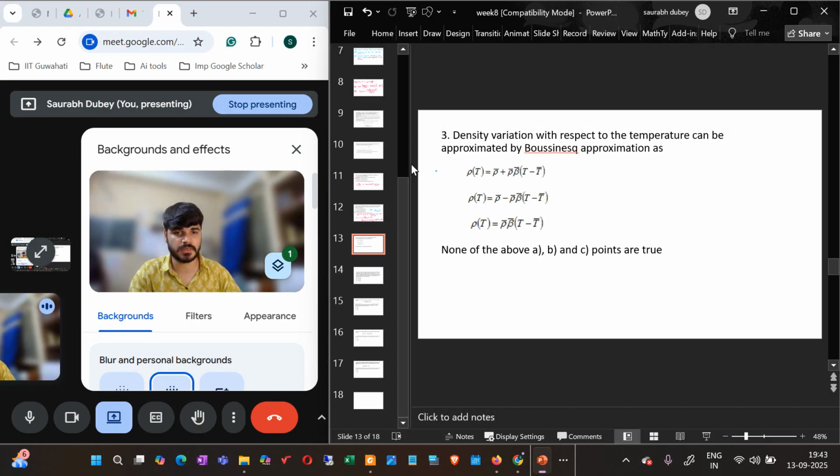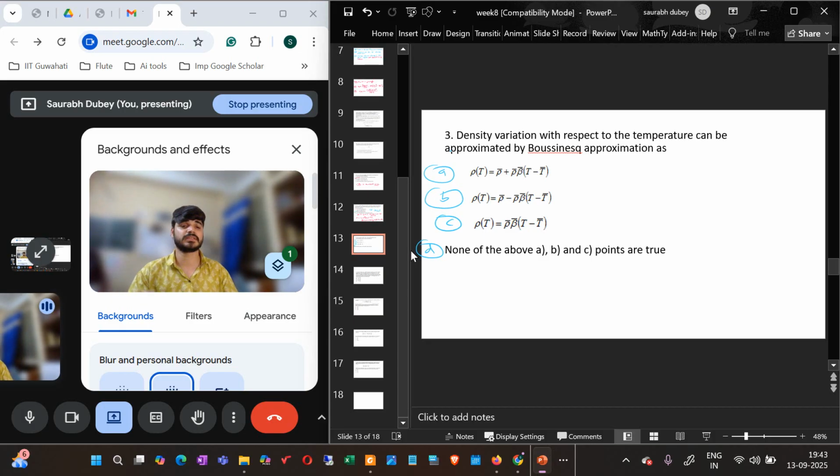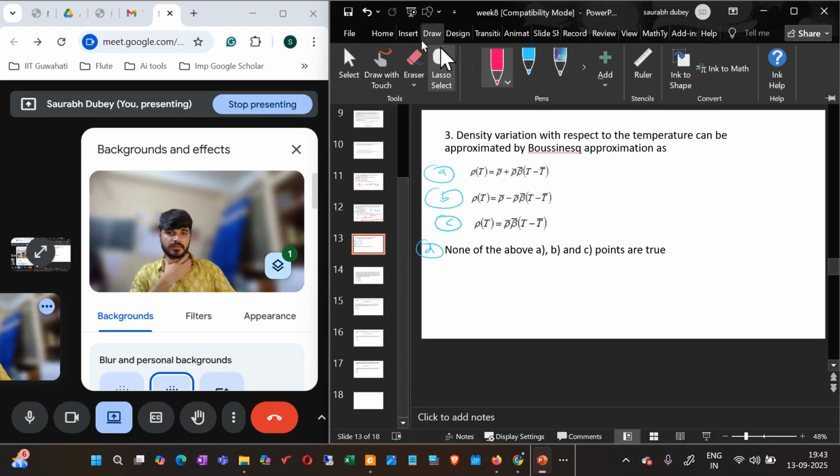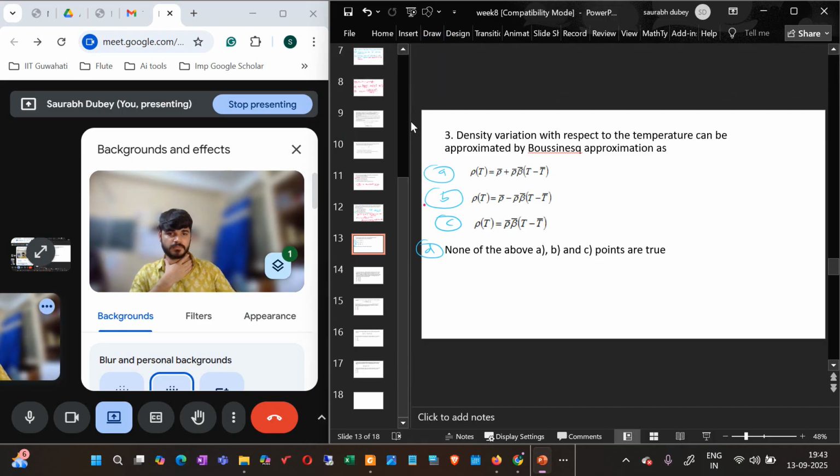So density variation with respect to temperature can be approximated by Boussinesq approximation, and we have just seen in the last slide option B is the correct answer. So we can see and verify the answer. B is correct.